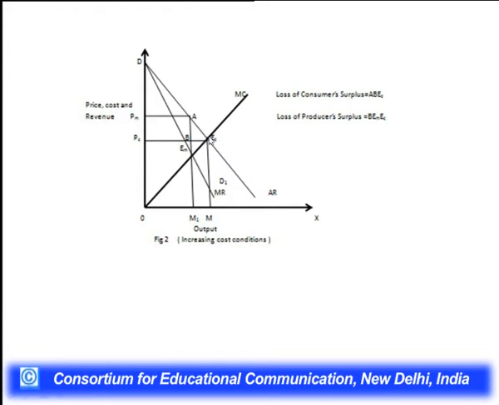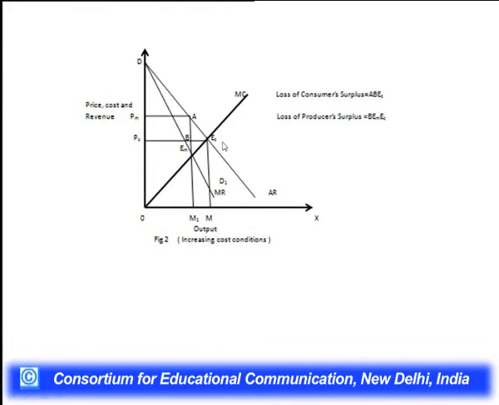And in case of perfect competition, we know that price is determined by the intersection of demand and supply. So, the AR curve is the demand curve and the MC curve is the supply curve of the industry under perfect competition.